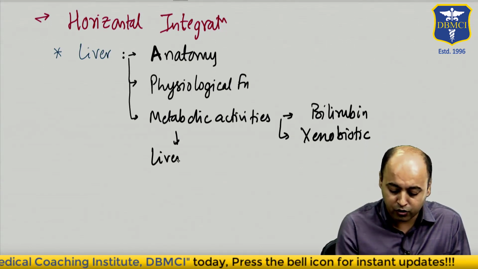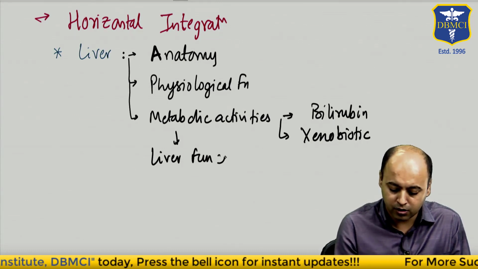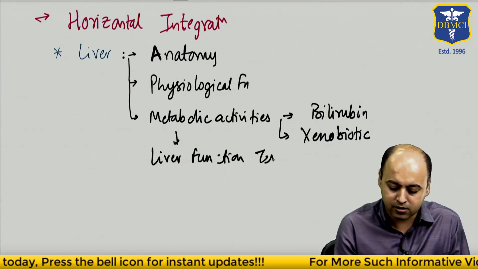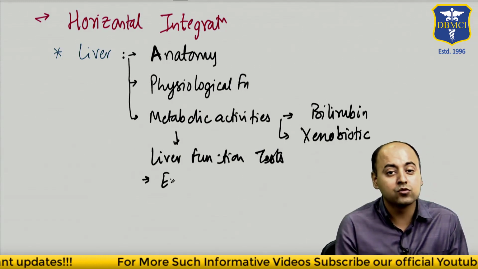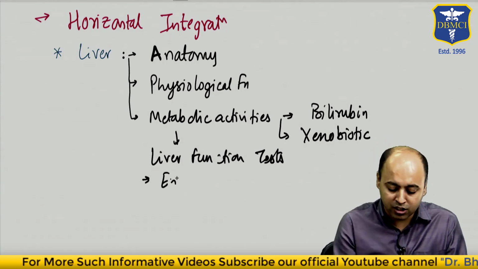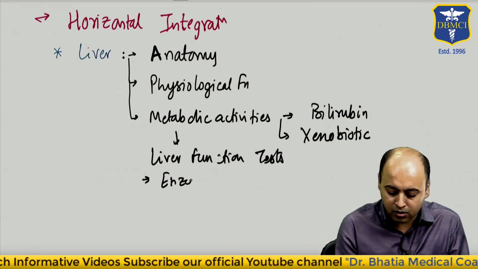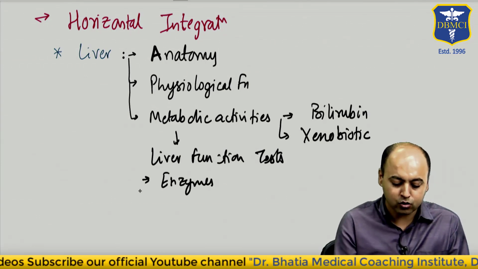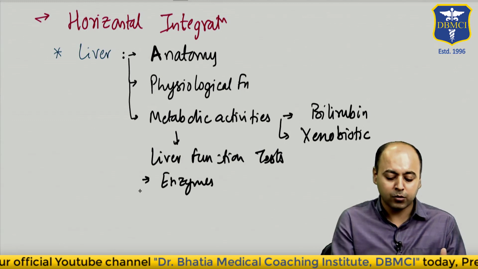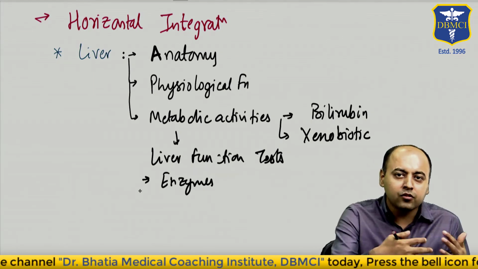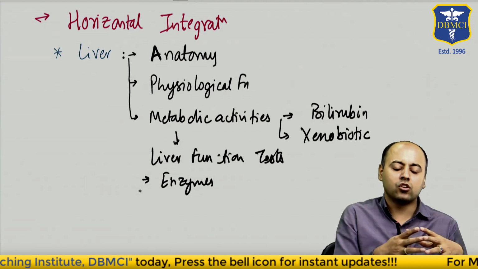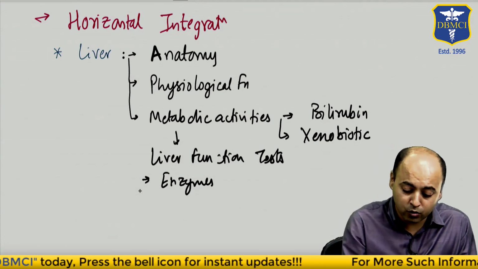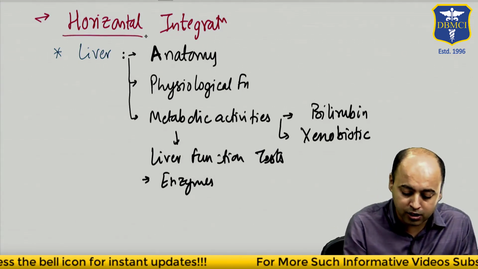In other words, we talk about the liver function tests, where we mention certain enzymes produced by the liver, certain metabolites coming from the liver, like proteins coming from the liver. So, in brief, we talk about the anatomical, physiological and biochemical aspects in the same series of settings, which is going to make up the horizontal integration.